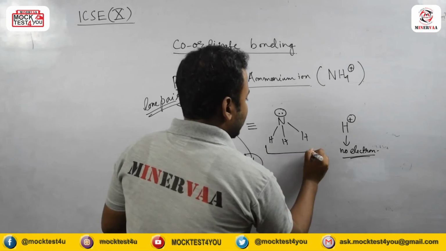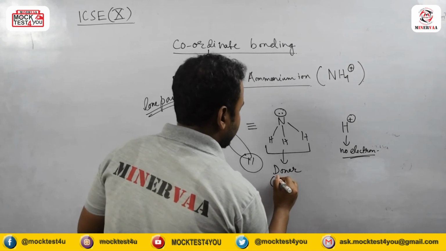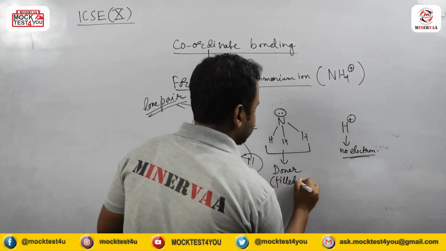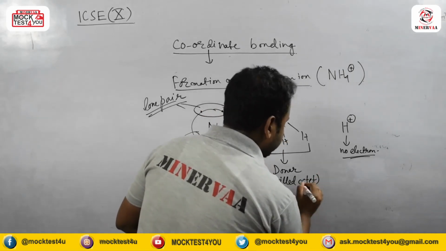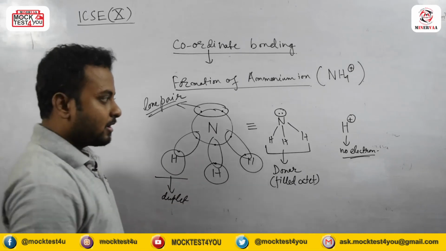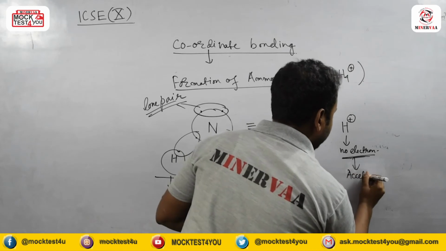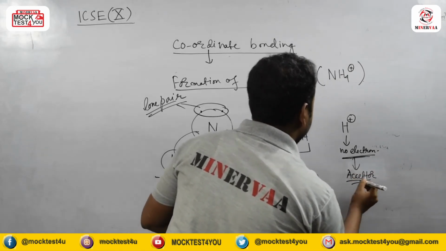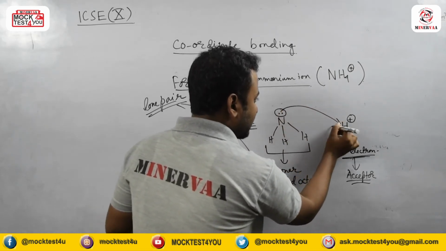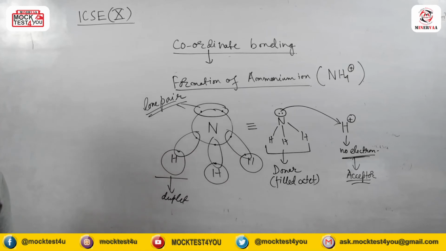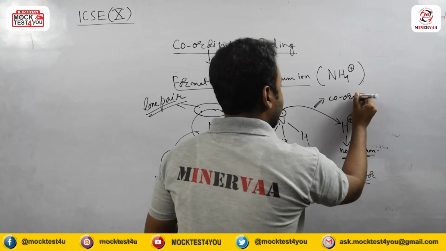But NH3 is the donor with a filled octet, right? So the donor will have a filled octet, but the acceptor has no electron. So this donor will give its electron pair to H plus, and this type of bonding is known as coordinate bonding.